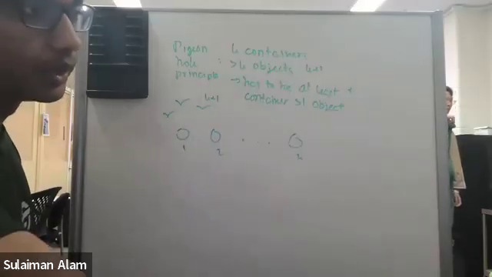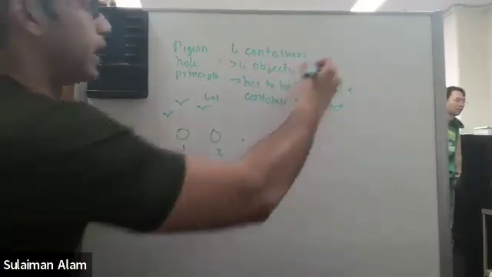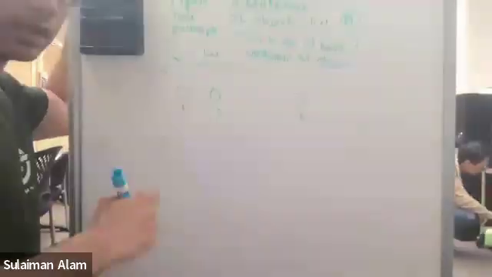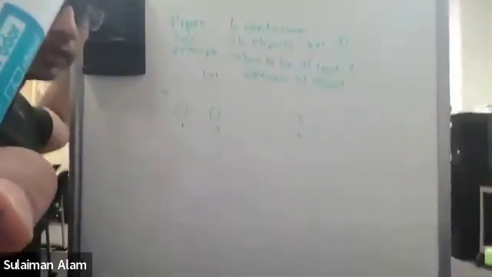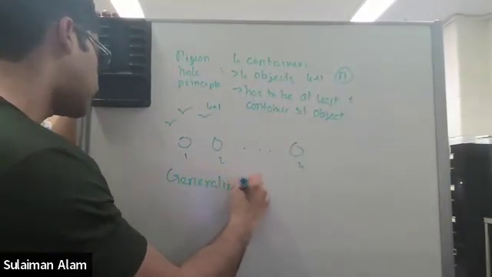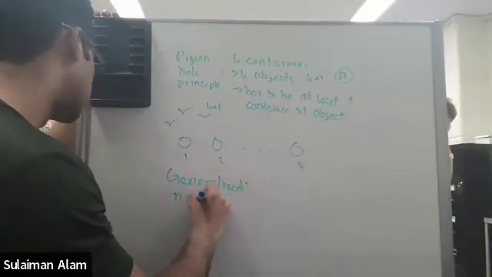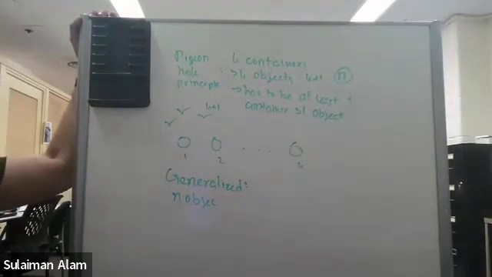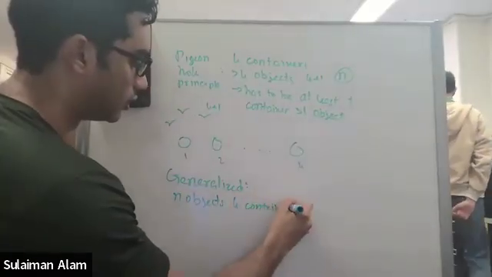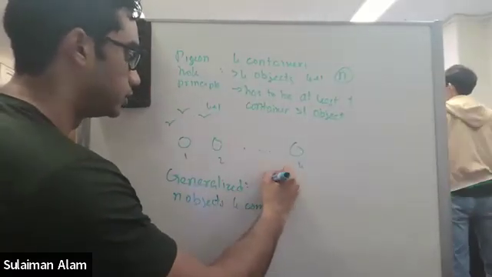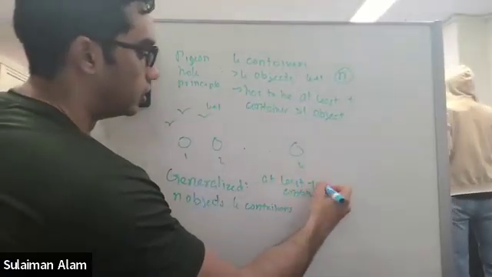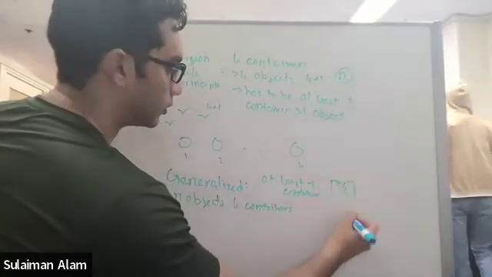And now generalize is, instead of just asking for K plus one, what if I had n objects? Can everyone see the top and bottom? Generalize says if I have n objects and K containers, then there has to be at least one container with the roof of n over K objects.